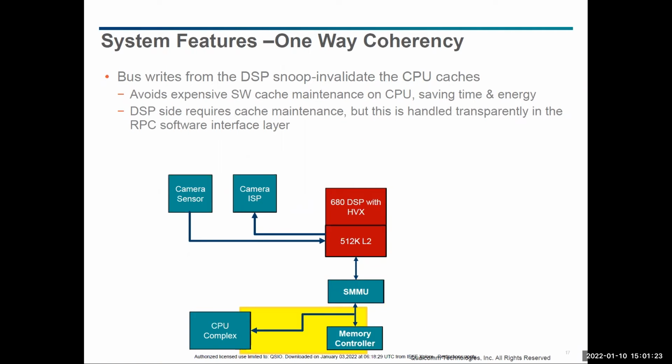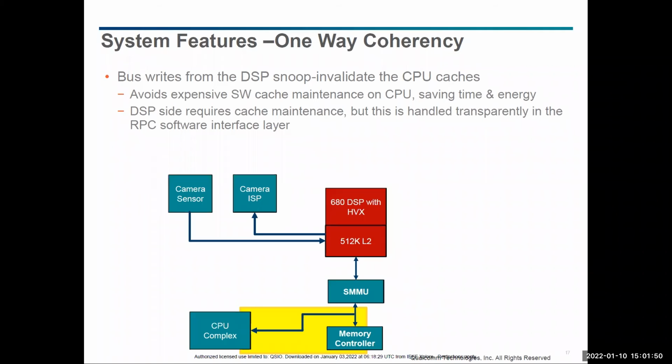Another interesting system feature that I want to talk about is one-way coherency. The DSP data bus invalidates the CPU caches. What that means is there is a dedicated memory controller which controls the DSP data bus, and it is responsible for invalidation of the CPU caches.